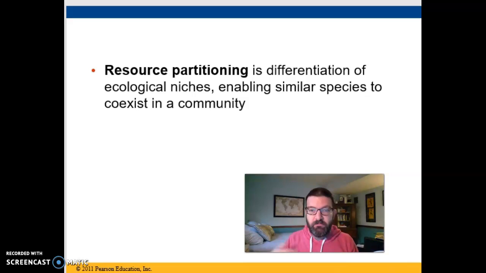So essentially, if I move into an area and there's another organism similar to me and we're fighting it out because we go for the exact same resources, it might then benefit me to start using a slightly different habitat or a slightly different food or coming out at a different time of day or something that means, yes, maybe I'm not using exactly the same niche that I truly would benefit from using in an ideal scenario, but the lack of competition means I do better by eating a slightly different food.